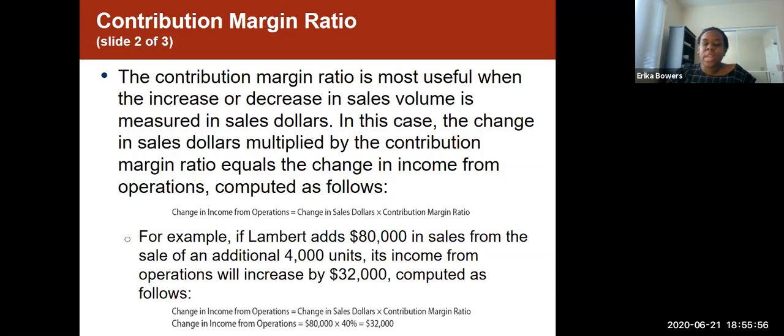We know that 40% goes to eating away at our fixed costs, and that's what leads to our income from operations. So a change in income from operations would be 32,000. So 80,000 times the 40% tells me that my income from operations is going to increase by $32,000.